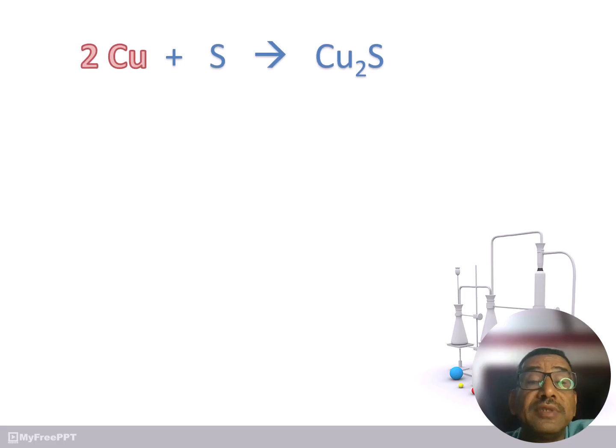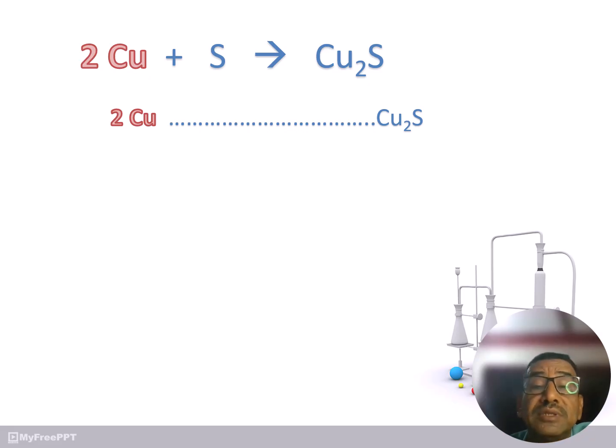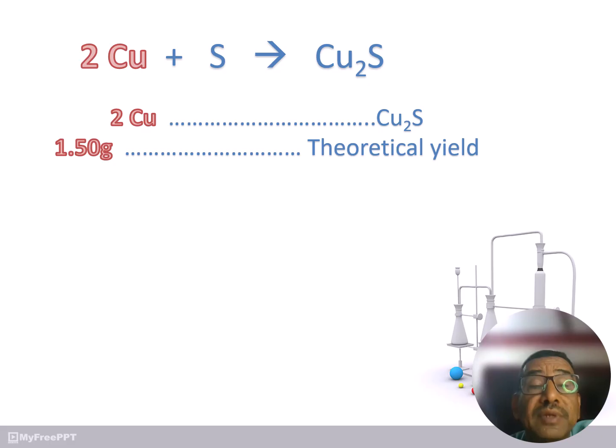For example, this is the chemical equation which is balanced: 2Cu plus S gives us Cu2S. We have 1.5 gram of copper. What is the theoretical yield?